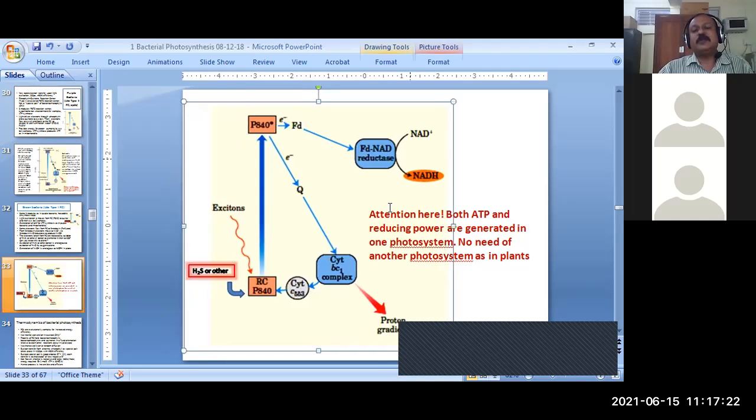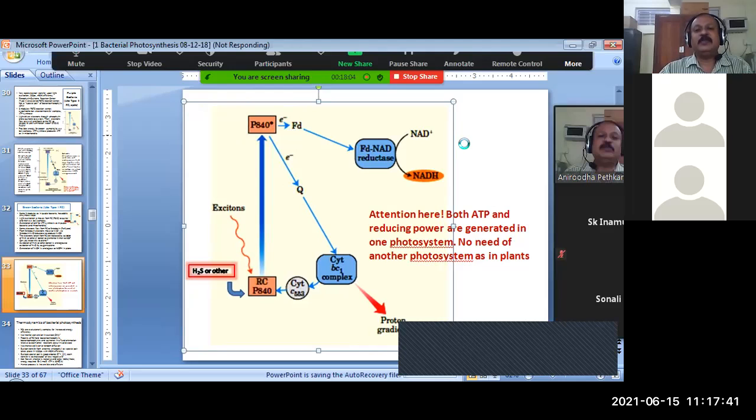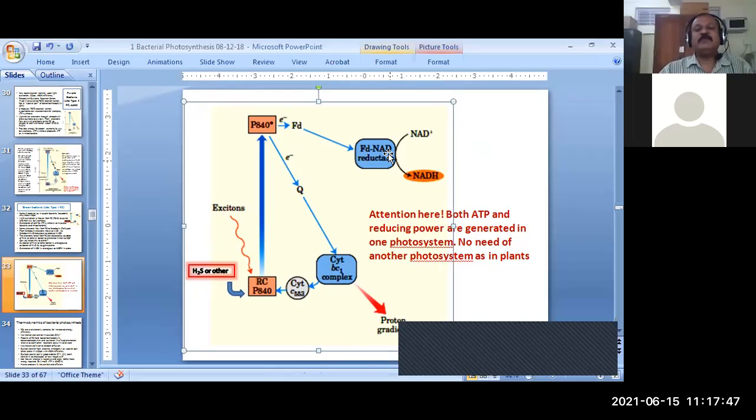Now sometimes what happens is the electron, instead of going to quinone, goes to a protein called ferredoxin. Ferredoxin is an iron sulfur protein. We are going to see some details about such iron sulfur proteins later, maybe in the next unit or so. So this electron from ferredoxin goes through an enzyme called ferredoxin NAD reductase.